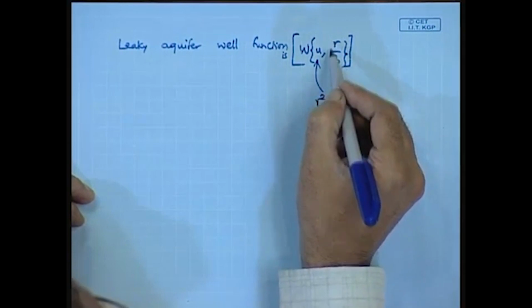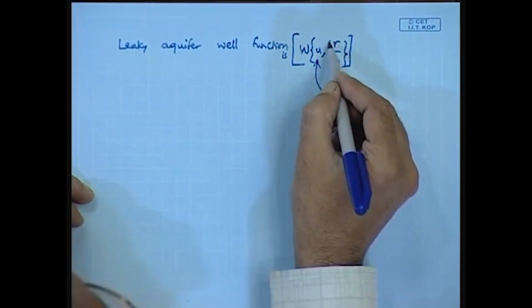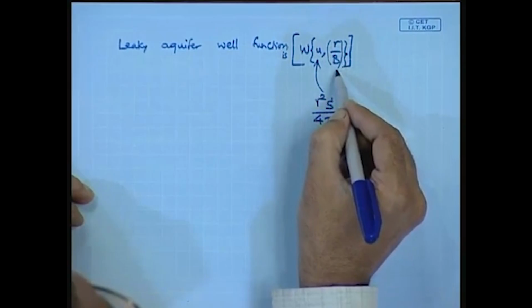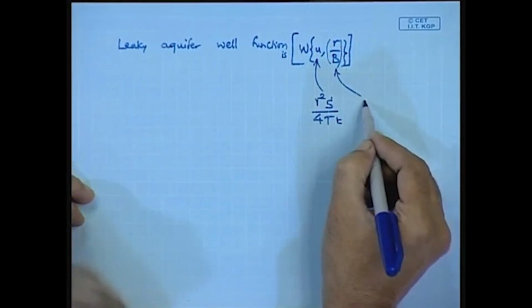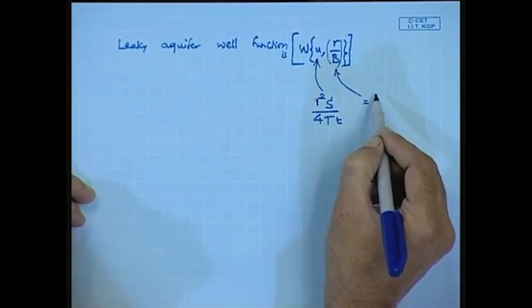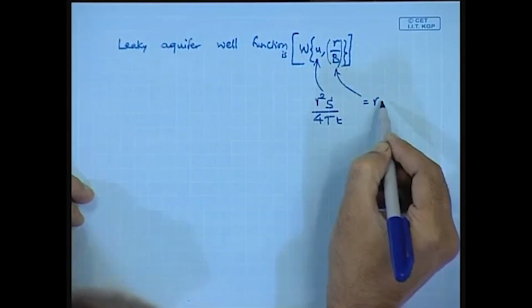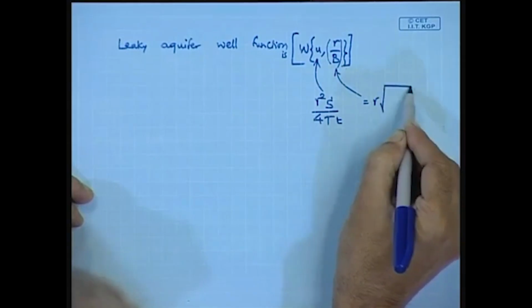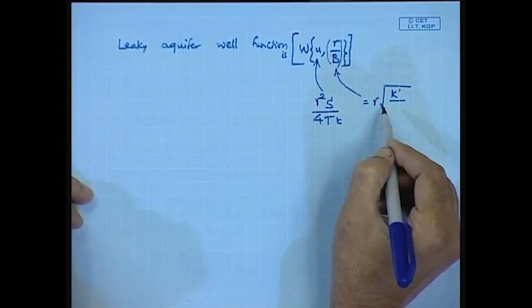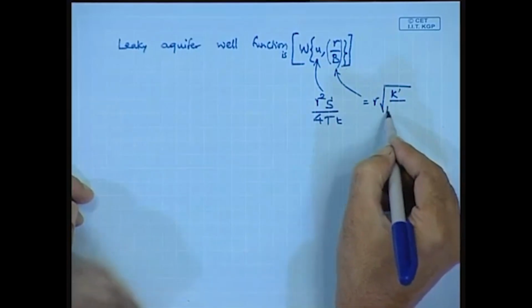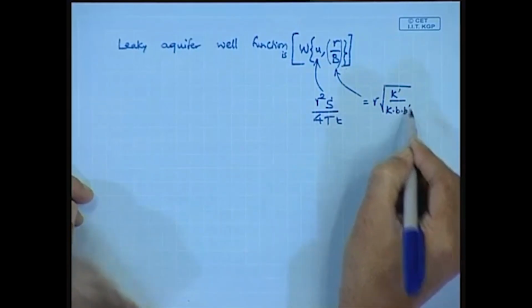Then R by B is R into the square root of K dash, which is the hydraulic conductivity of the top aquitard, divided by K into B dash.